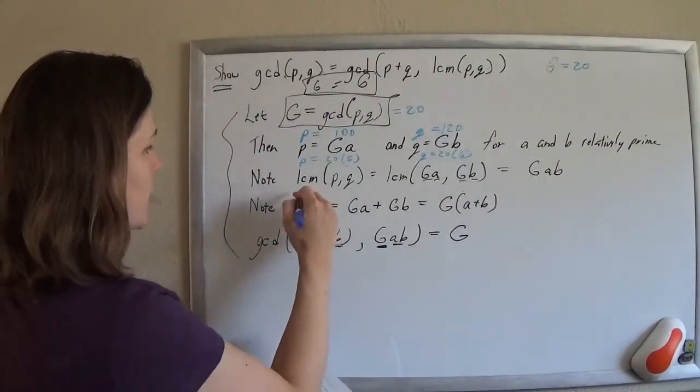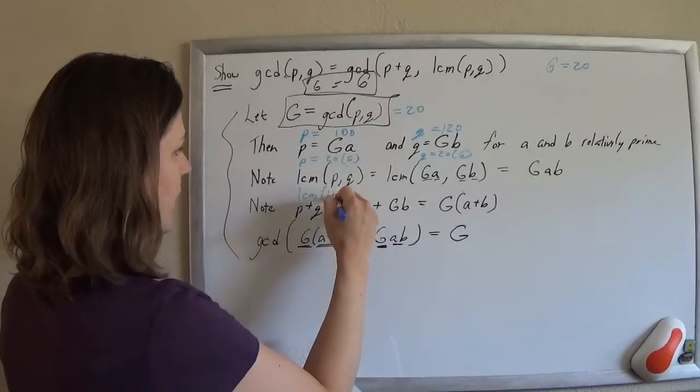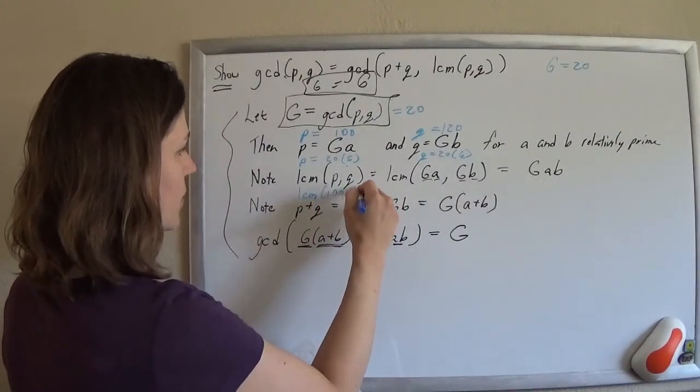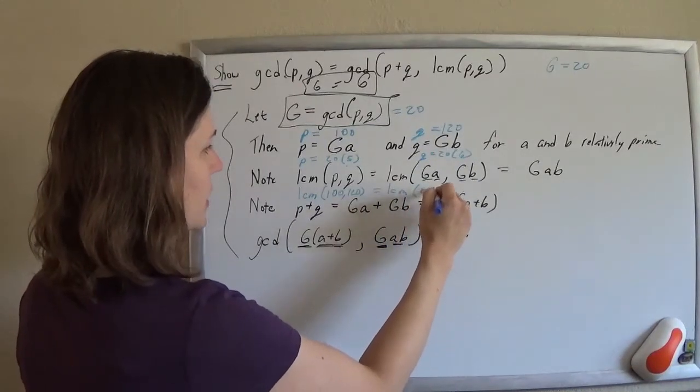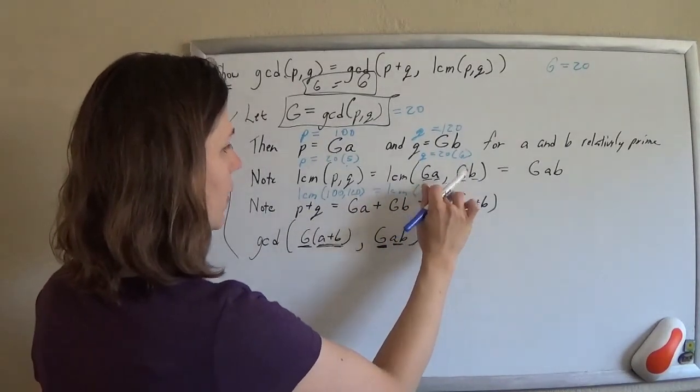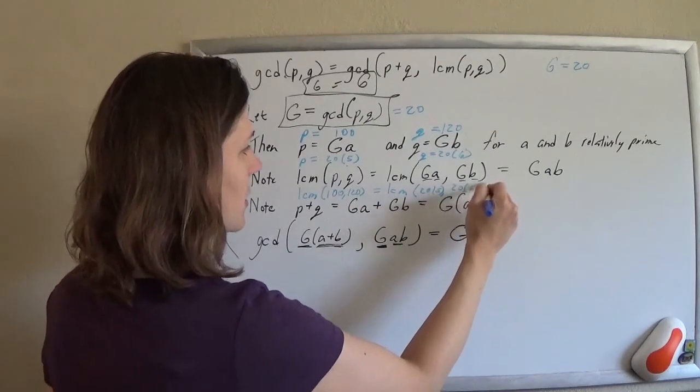Okay, so now if we have the LCM of P and Q, so the LCM of 100 and 120 is the LCM of 20 times 5 and 20 times 6.